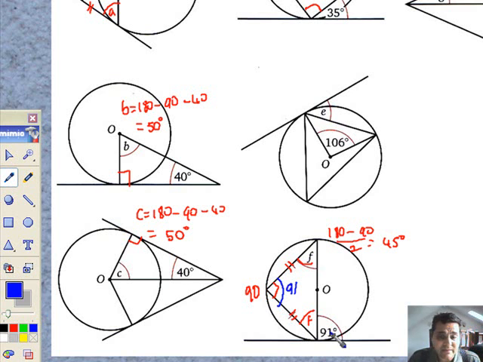And if that's to be believed as 91, then that's also 91. So my calculation is going to be 180 take away 91 divide by 2, because it's still an isosceles triangle. I'm going to get 44.5 degrees. Well, that's very silly. Take your pick. The question's one big mistake.